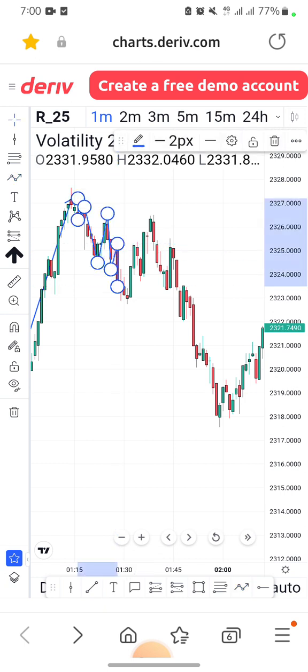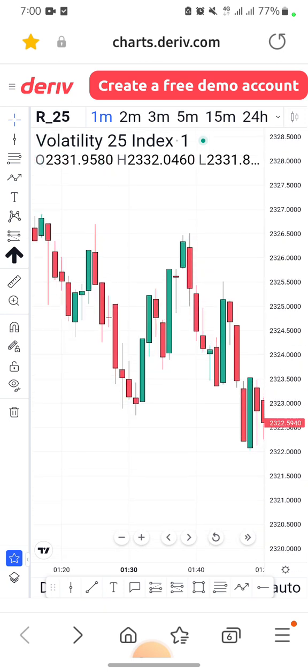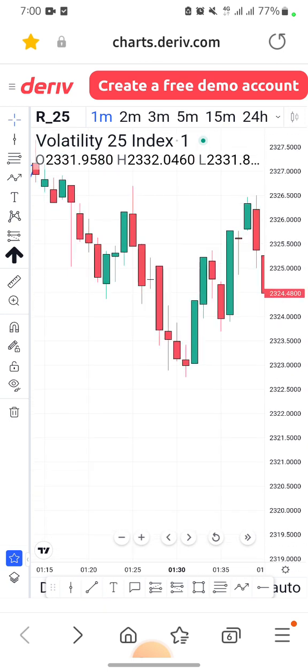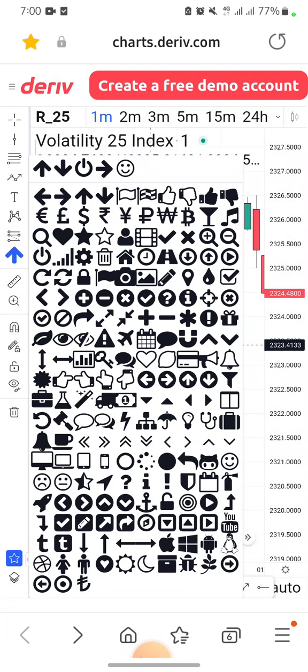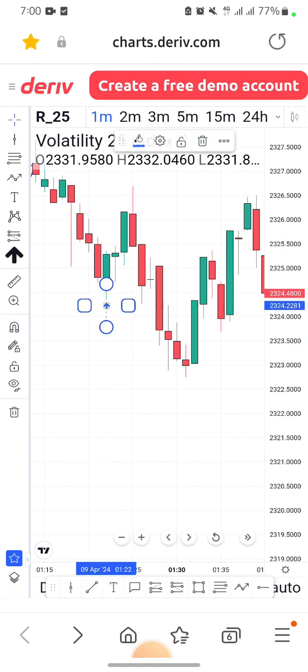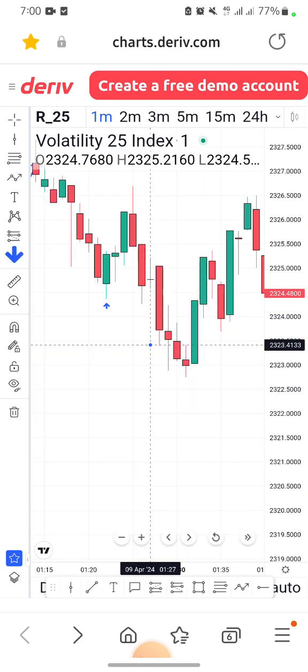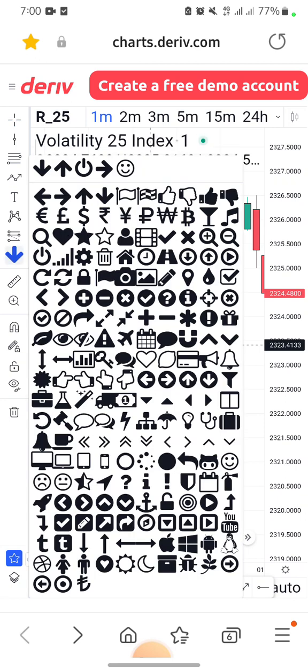Yes, so let me now show us. Let me zoom out. So here, what do we have? Like I said, first of all, we have a short-term low here, our short-term high here, then another short-term low again.